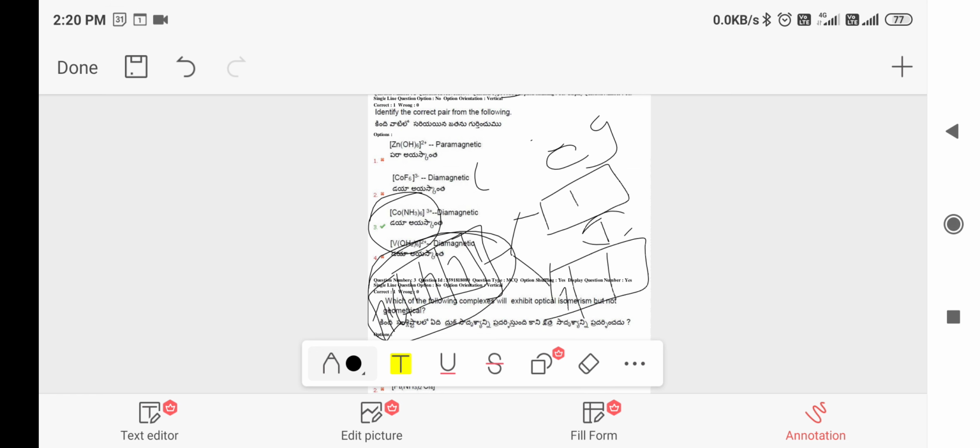The upper state is eg and the lower is t2g.